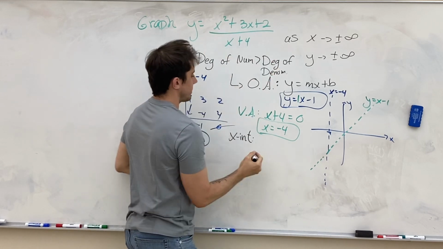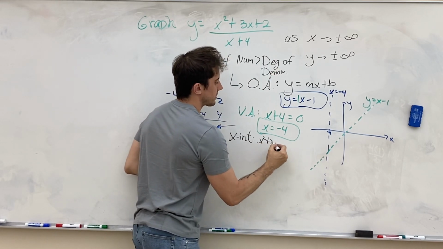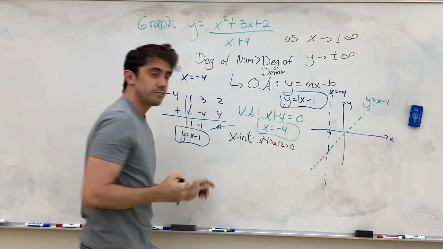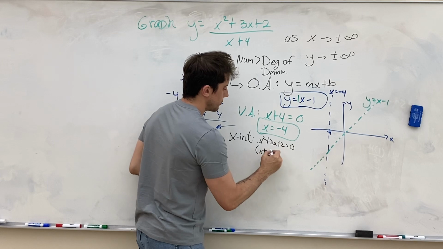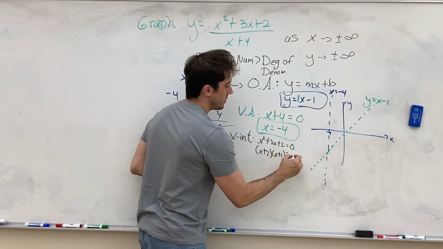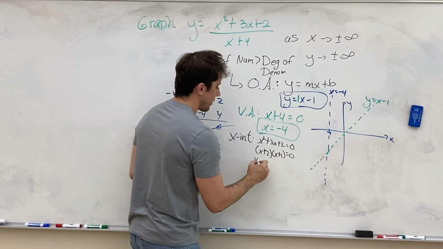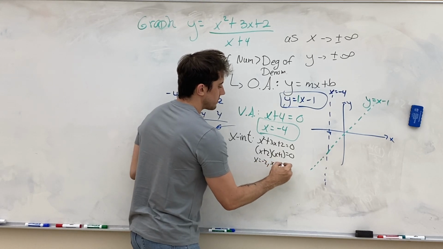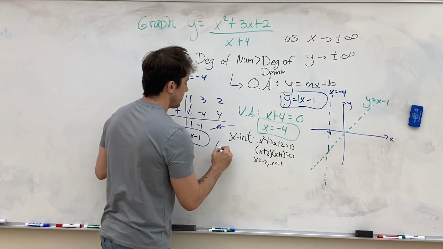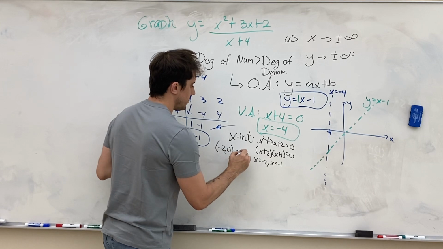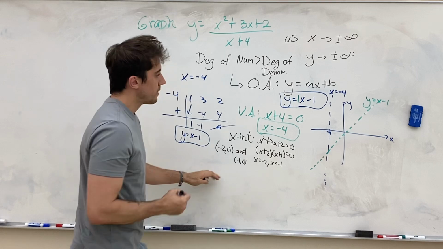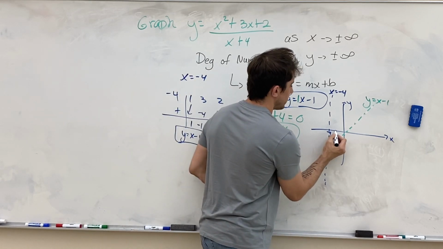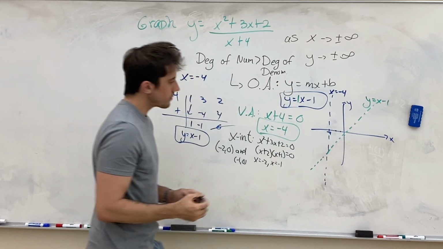So that means setting x squared plus 3x plus 2 equal to 0, right? Now we can factor this quadratic nicely as x plus 2 and x plus 1. And so that means the zeros are at x is equal to negative 2, x is equal to negative 1, and so our x-intercepts are at (-2, 0) and at (-1, 0), right? So that's somewhere around here and here, okay?